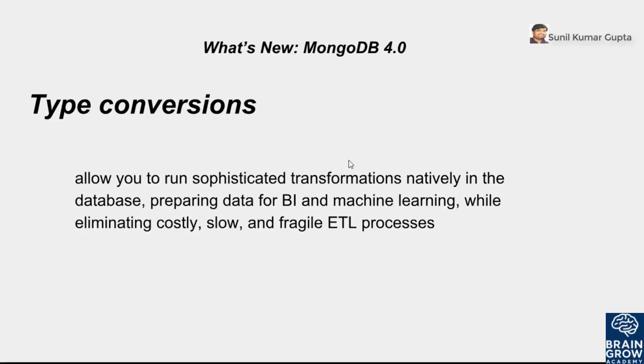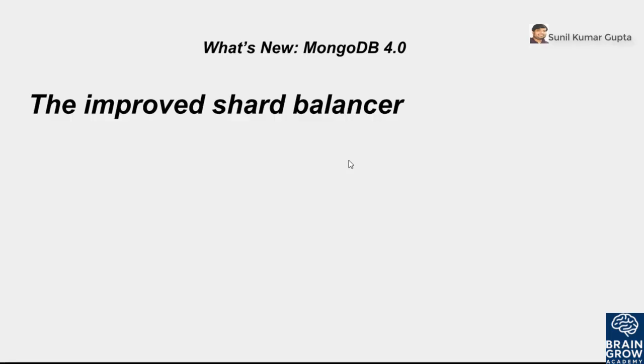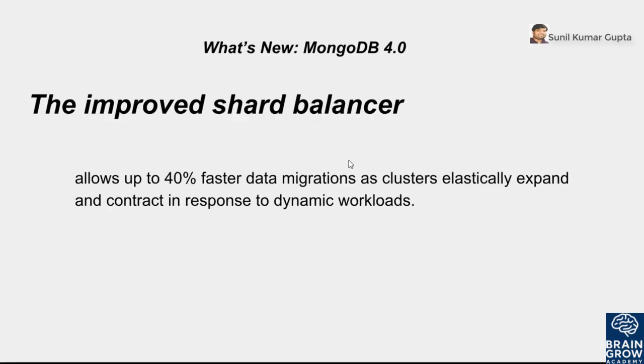Okay. So next feature is improved shard balancers. So we know that sharding is a very important thing in managing our data and shards, but improved shard balancers allow up to 40% faster data migrations as clusters elastically expand and contract in response to dynamic workload.